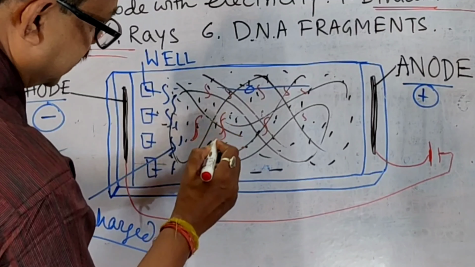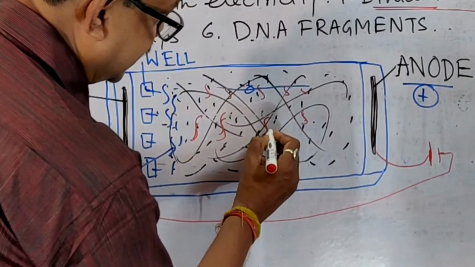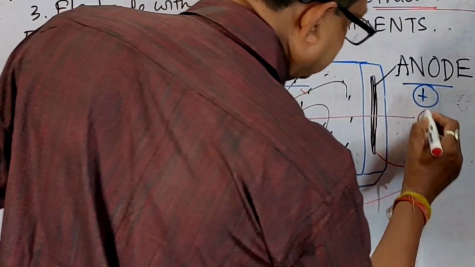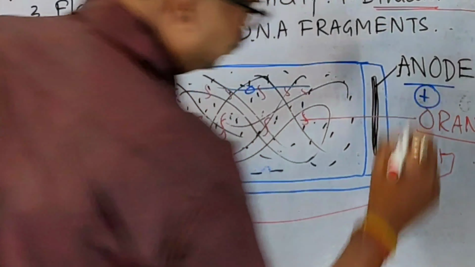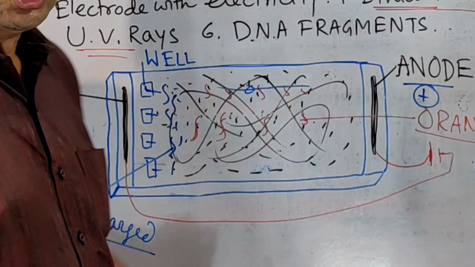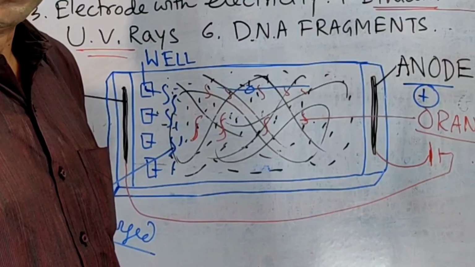Understood? Larger particles cannot move properly, but smaller particles move towards the anode, so they are orange in color. So it will be easier for the scientist to see the location of these smaller fragments.